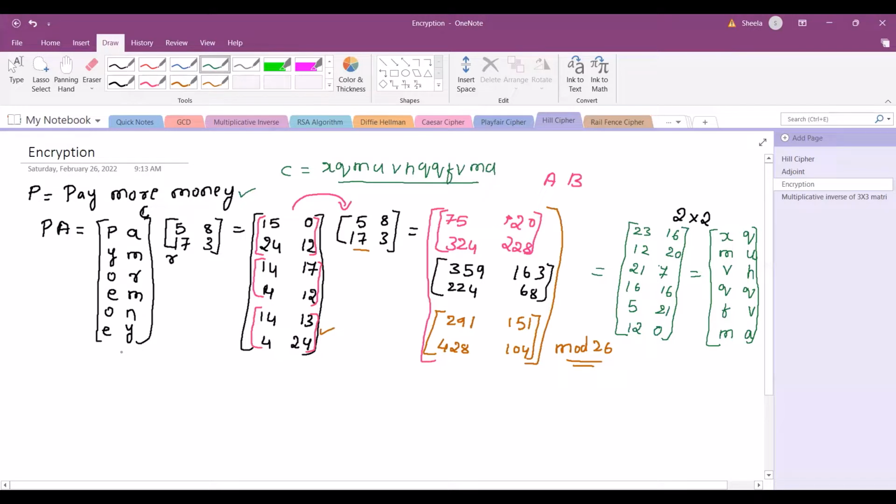Then how do we get back the plain text from the ciphertext? Again, we have to consider the product C into A inverse. So here the corresponding ciphertext matrix I'll write: 23, 16, 12, 20, 21, 7, 16, 16, 5, 21, 12, and 0.